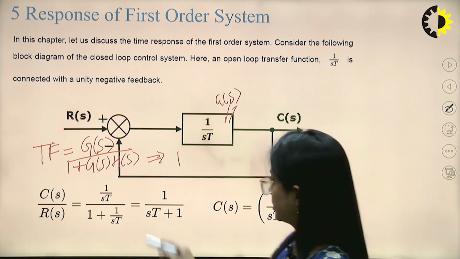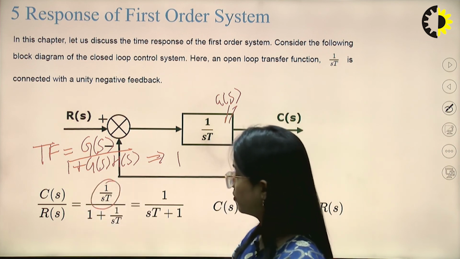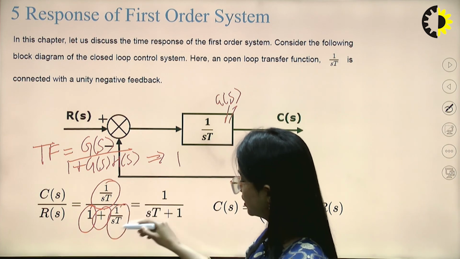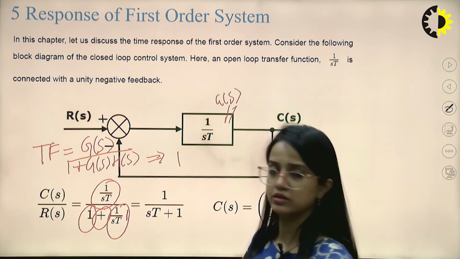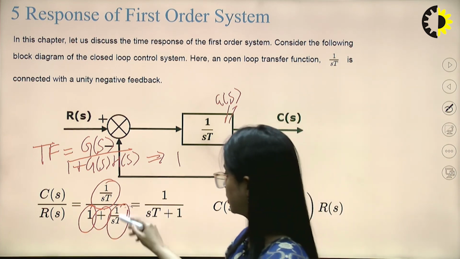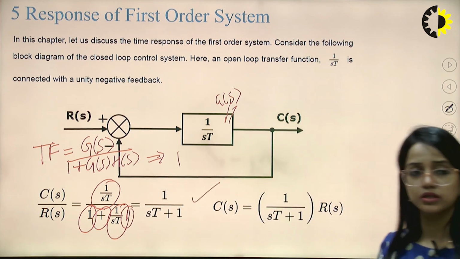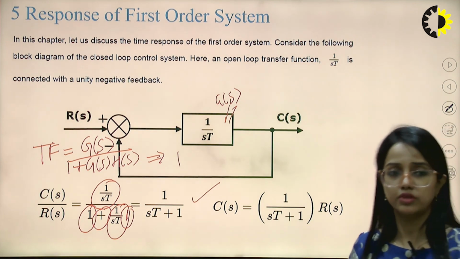So can I write it as G(s) upon 1 plus G(s) into H(s). H(s) is 1 here. So I can rewrite it as 1 upon (s plus 1). So this is the overall transfer function.